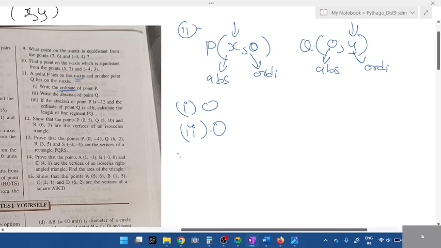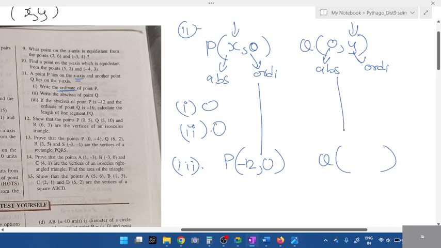Now what they've given? Third one. If the abscissa of point P... for point P, what is the abscissa? We have to take it, and this 0 will remain as it is. And for Q, the ordinate of Q. So 0, comma, in place of y, what ordinate do you have to substitute? Minus 16. You need to find the distance between. Calculate the length of the segment. See, length and distance are the same, students.